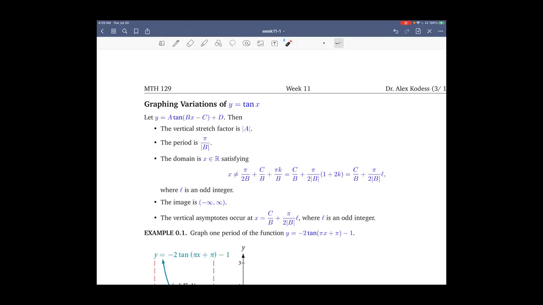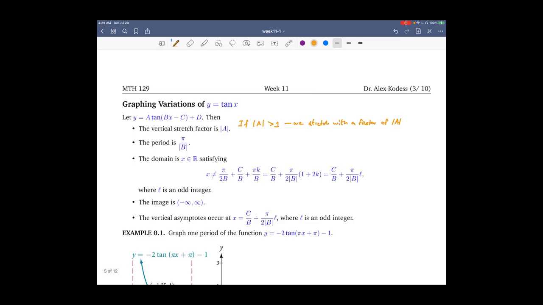We know that the factor in front, a, is responsible for a vertical stretch or compression, namely if absolute value of a is greater than 1, we stretch with a factor of a, and if absolute value of a is between 0 and 1, we compress with a factor of 1 over absolute value a.